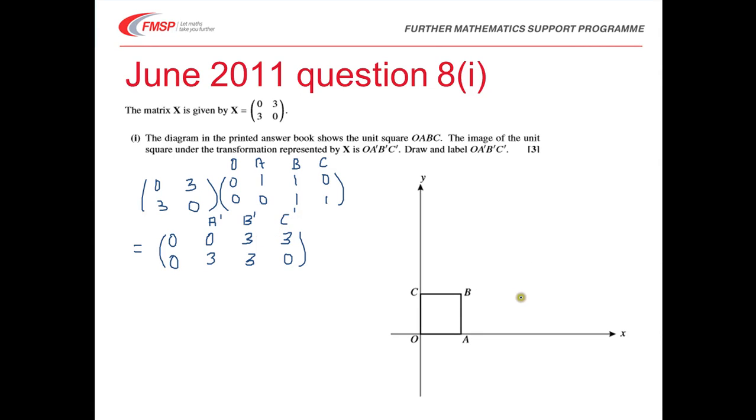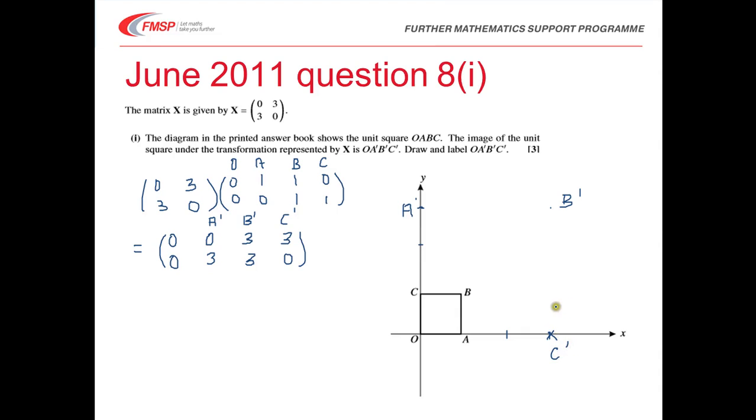So if we mark these on the diagram, then the image of A is 0, 3, so that's going to be up here, and we'll label that A dash. And the image of B is 3, 3, so we'll put that up here, and we'll label that B dash, and the image of C is 3, 0, so we'll label that C dash.